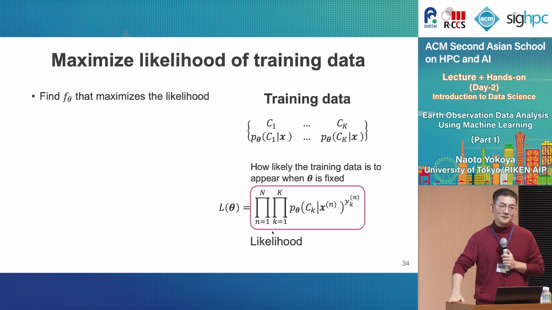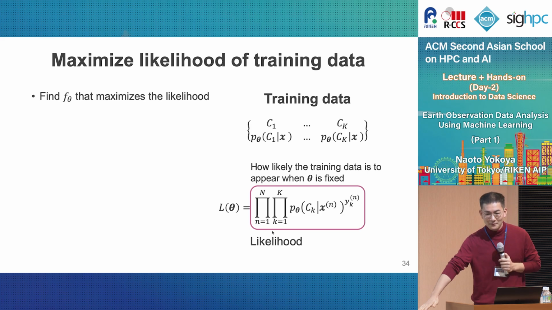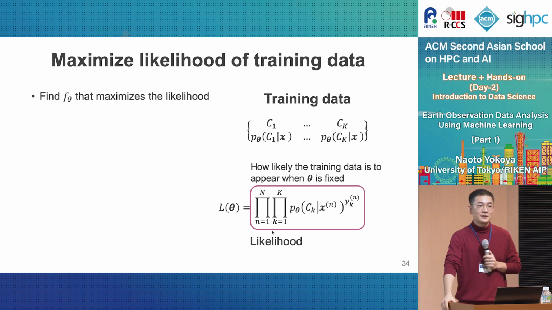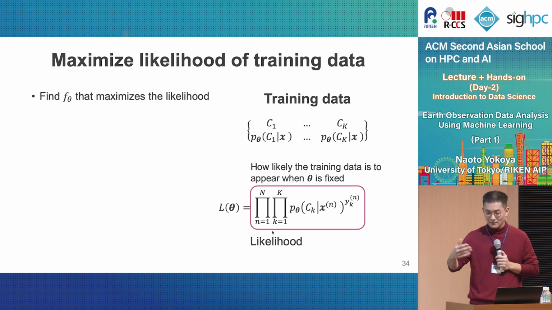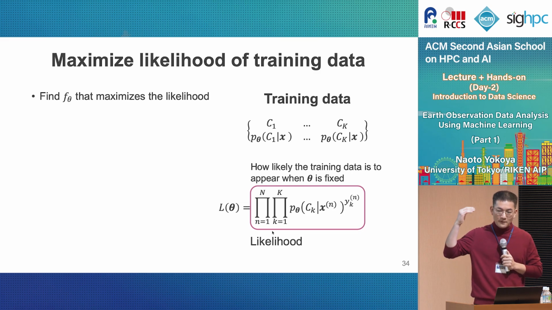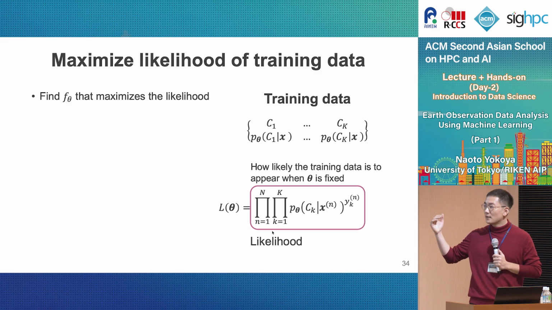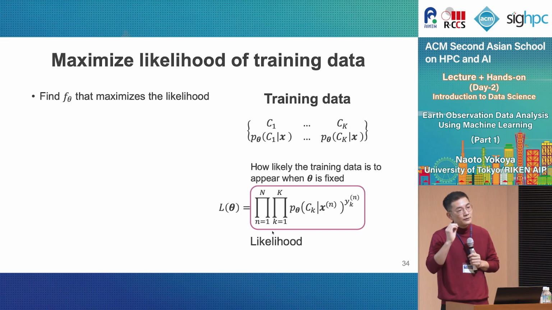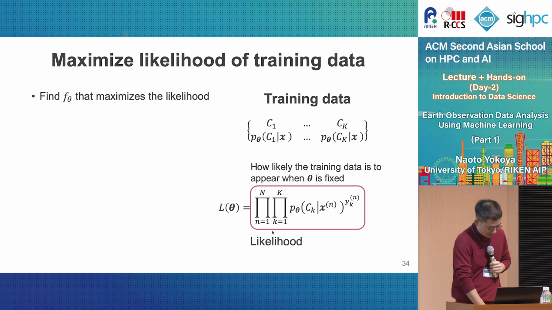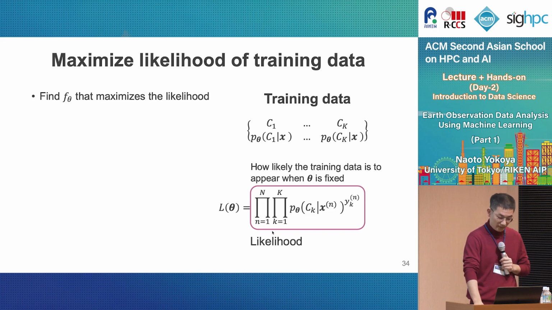It shouldn't be very low, right? Otherwise, if it's very low, then we are facing some miracle case, but it shouldn't be like this. So one way of thinking is to maximize this likelihood by tuning the set of parameters, which is represented as theta.